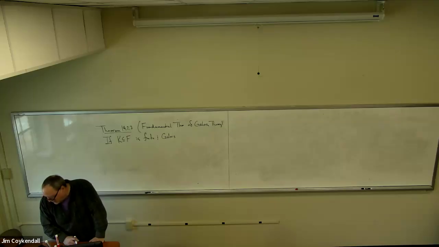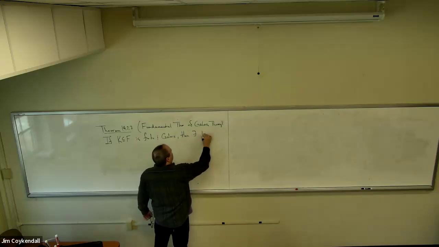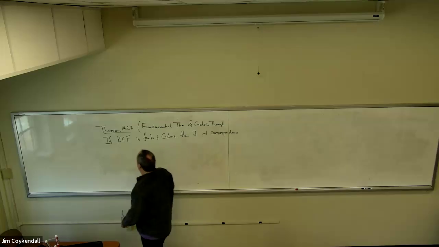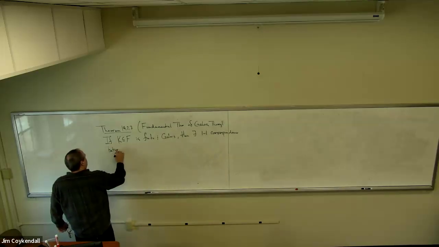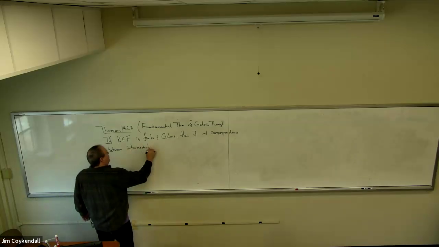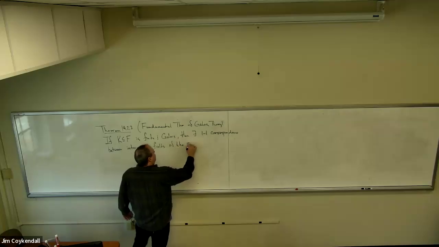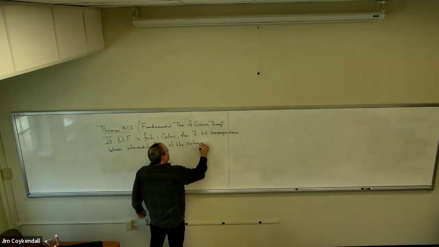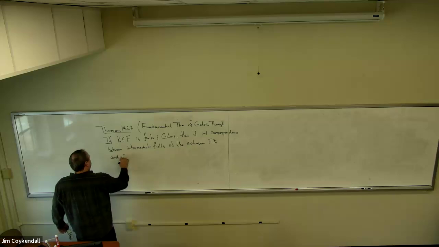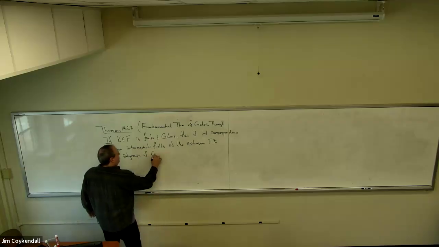Then there exists a one-to-one correspondence between intermediate fields of the extension F over K and subgroups of the Galois group G.